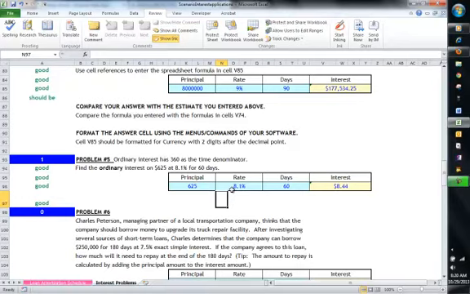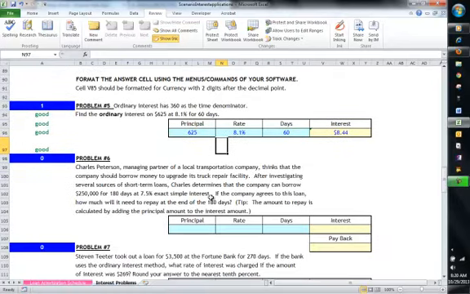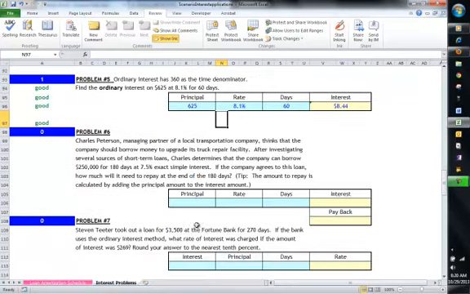Okay, let's look at the next one. Charles Peterson, managing partner of a local transportation company, thinks that the company should borrow money to upgrade its truck repair facilities.